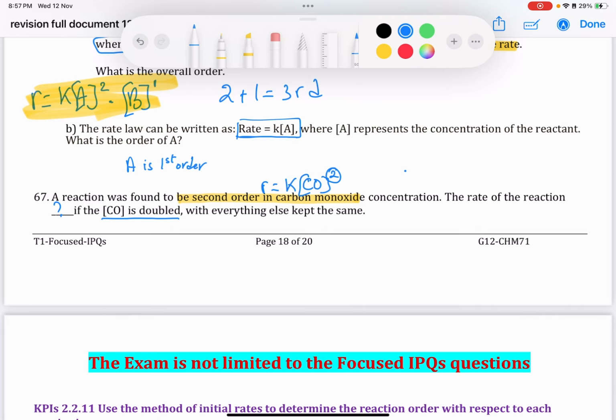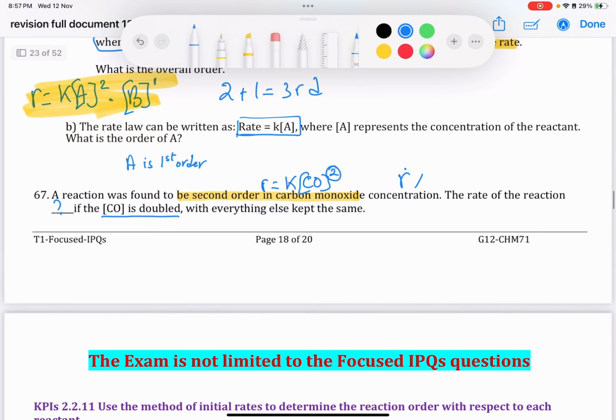If I have a second order reactant and it doubled, the rate will quadruple. If I have a second order and it was tripled, the rate will increase 9 times. But if CO was first order and I doubled it, the rate will double. If I tripled it, the rate will triple.